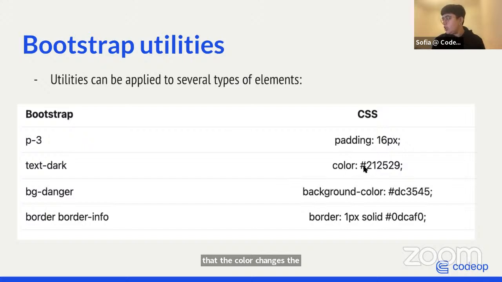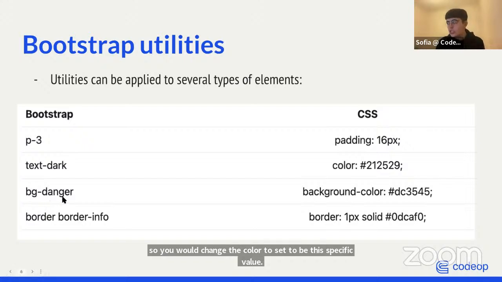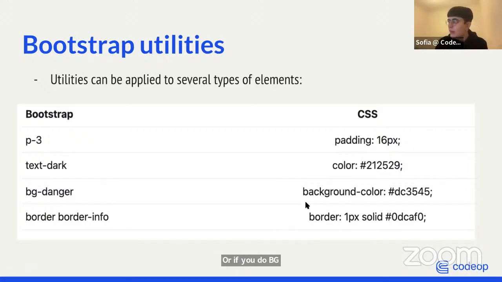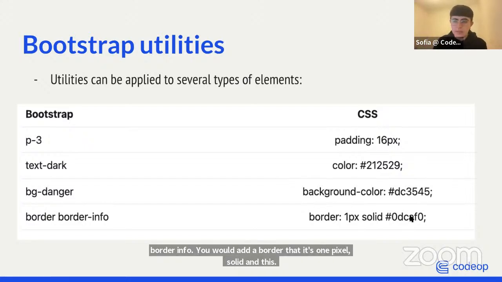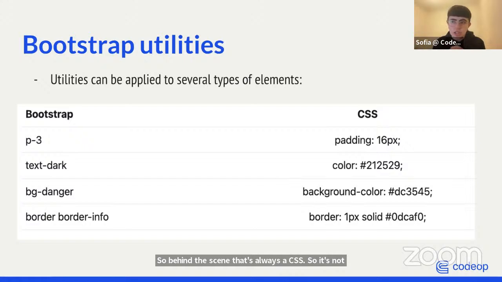So we would set the color to be this specific value. Or if you do bg-danger, it means that you are changing the background color to be this red color. And the same thing for the border, for example border-info. You would add a border that is 1 pixel, solid, and this. So behind the scenes, that's always CSS. It's not something different. It's just that it's not being written by you.